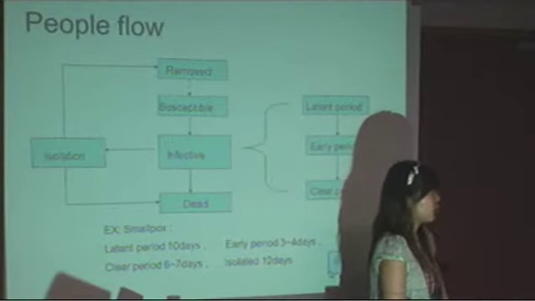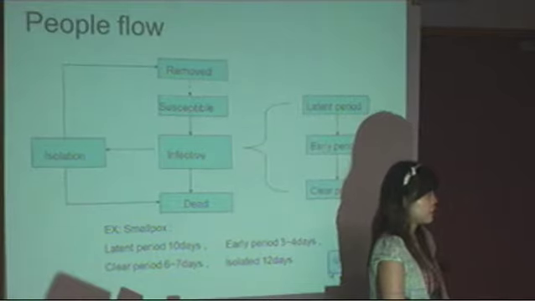This is the agent, okay? And the state of an agent is small s, i, or r. This means the state of agent omega. You understand?